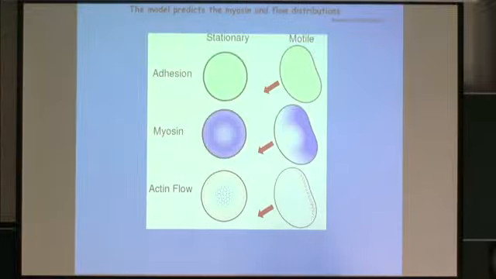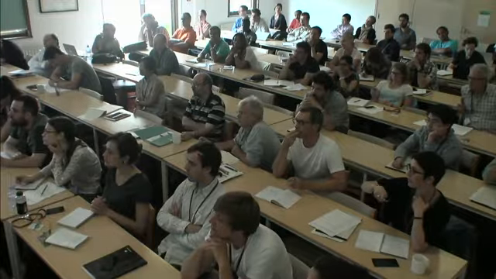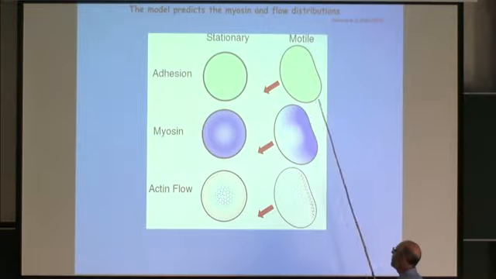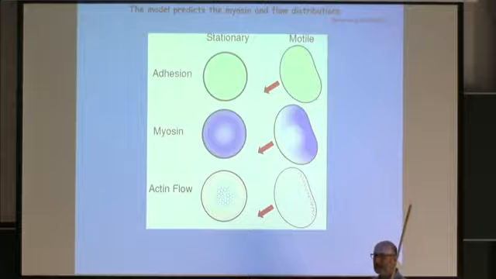You just change the geometry of your domain between the two, and that induces a difference. So geometry plus, in this case, the cell is moving with a constant rate this way, but basically in the simulation there was an additional kinematic flow of actin to the rear. That's it.